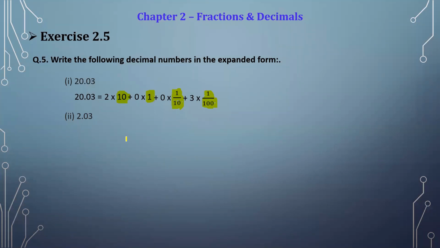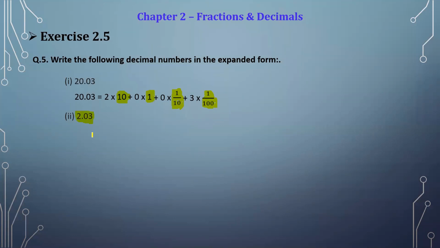Now, again, we have to identify the positions of the numbers in the given decimal number. So here only 3 digits are there, 2.03, and we are going to consider the position of those digits.